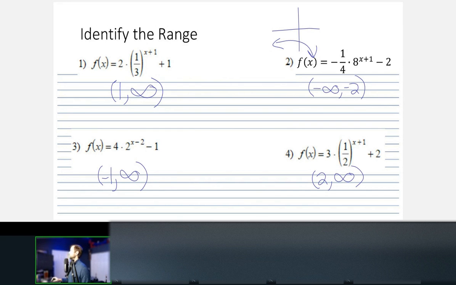All right, how's everyone feeling about finding the range of exponential equations? Hopefully pretty good. You just use the vertical shift, and then knowing if it's going to be flipped really affects where the infinity symbol goes. Yeah, not too bad.